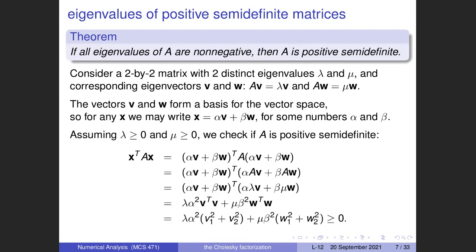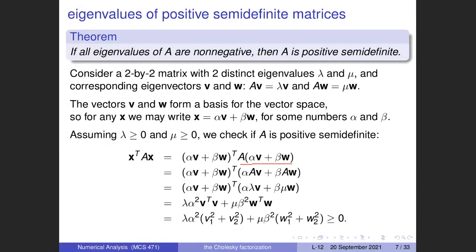It's a linear map. So if we do the product of A with a linear combination, then we get a linear combination of the results of the linear map. And the inner product is also linear. So we apply the linearity twice.